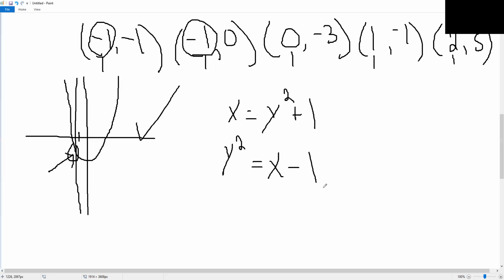X minus 1, I believe. And then to solve that, we just say y equals plus or minus square root of x minus 1. Now, can we see already that this is a function or not? We have the plus and minus right here. So this is not a function.